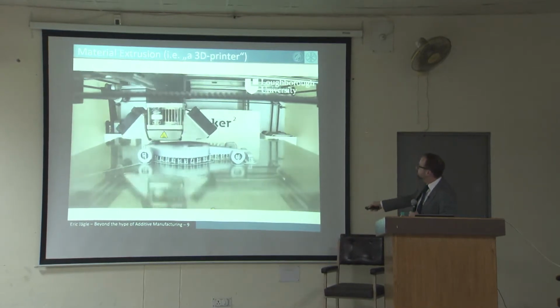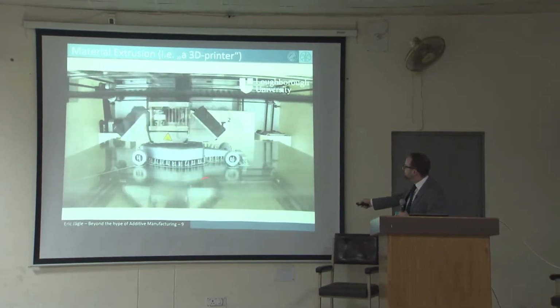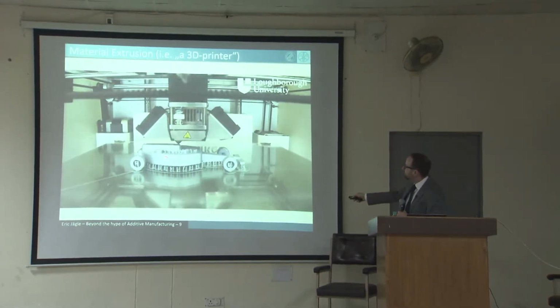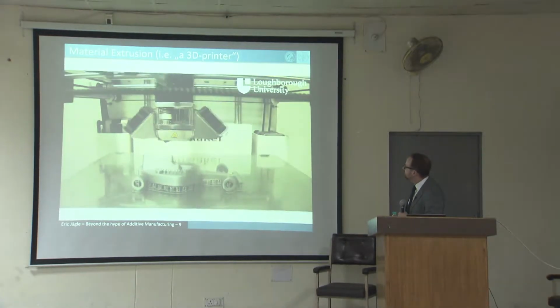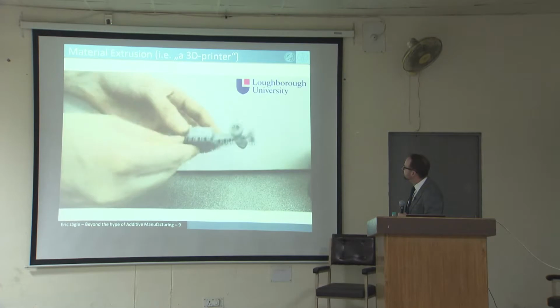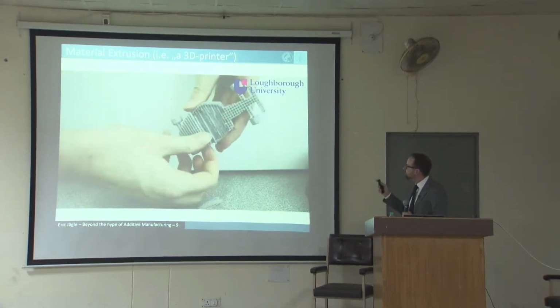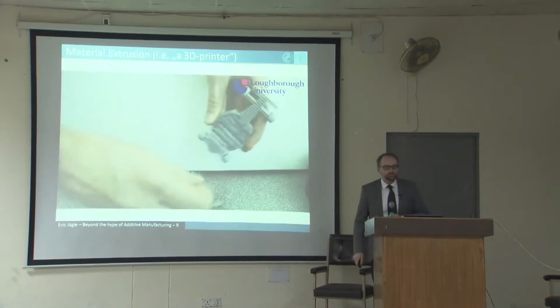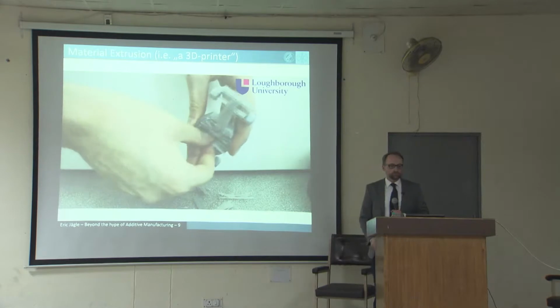And now we are in fast forward mode, and you see how this platform is slowly lowered as layer by layer this entire model of a race car is built up. Okay, and now we're back to real speed. All right, already here you see some tedious post-processing actually. That is also unfortunately quite typical of additive manufacturing processes.